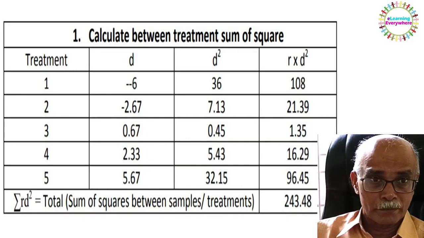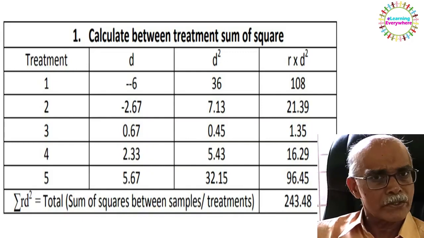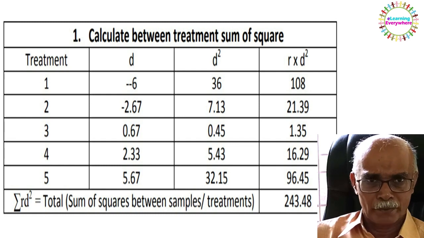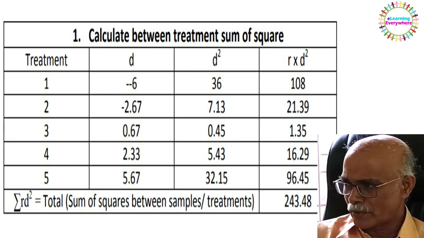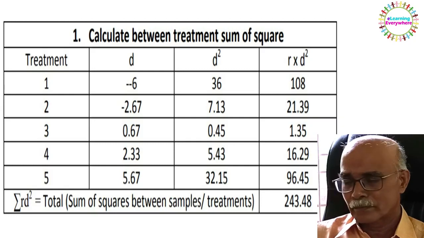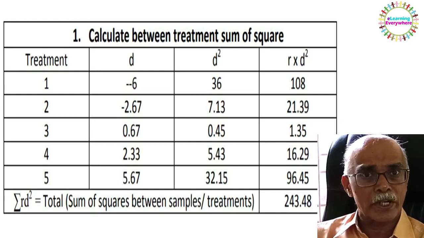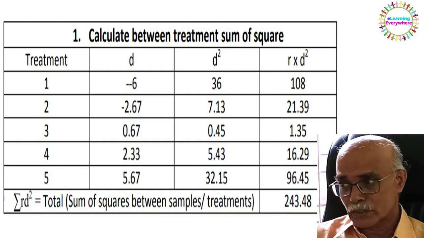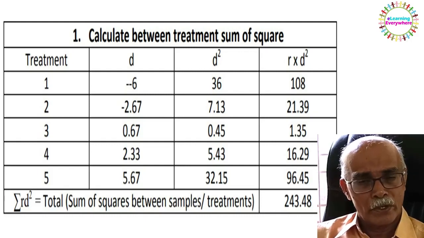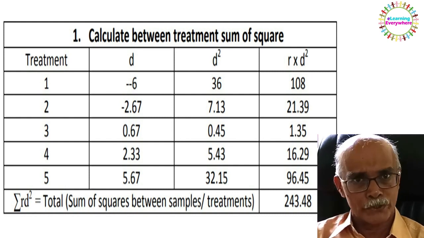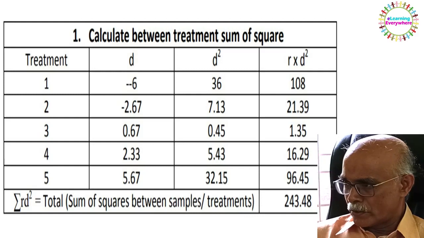Between treatment mean square is the variance between treatment. So before finding out the mean square, you have to calculate the total of the squared deviations, and evidently you are squaring deviations because you want all values to be positive.